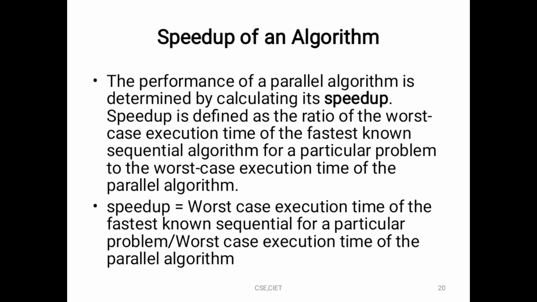Speed up is defined as the ratio of the worst case execution time of the fastest known sequential algorithm for a particular problem to the worst case execution time of the parallel algorithm. From this formula, the speed up of an algorithm will be calculated.